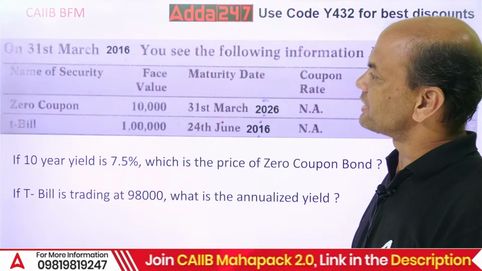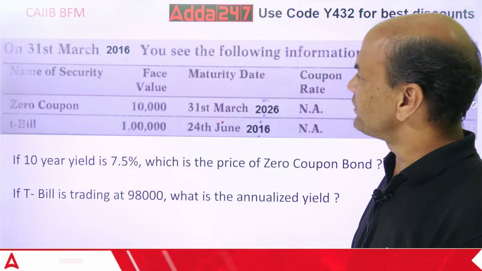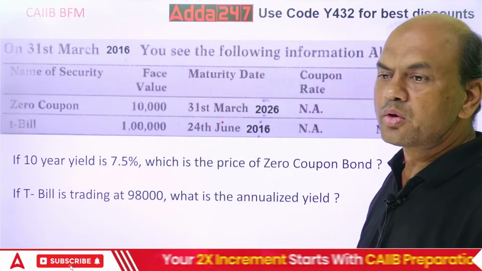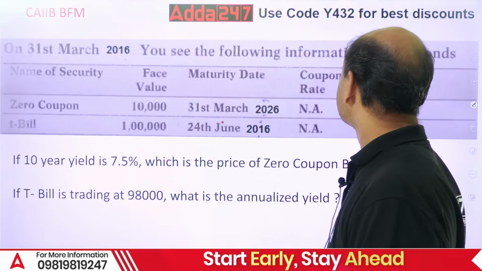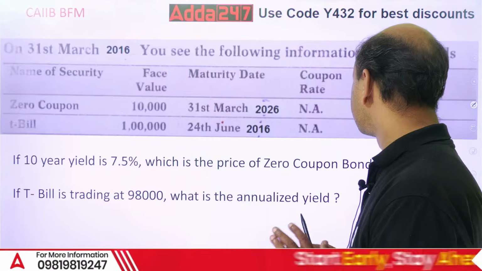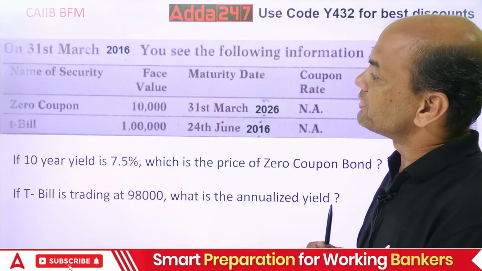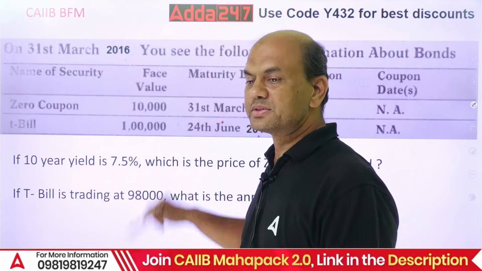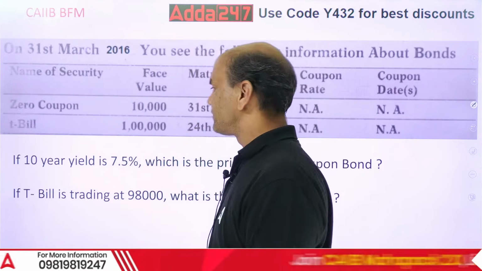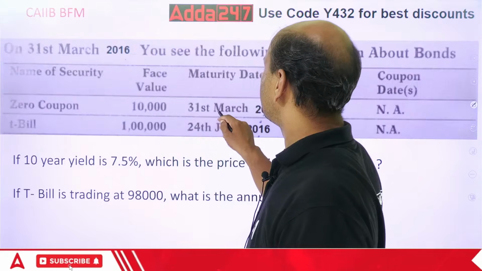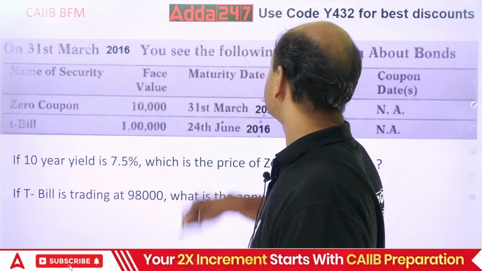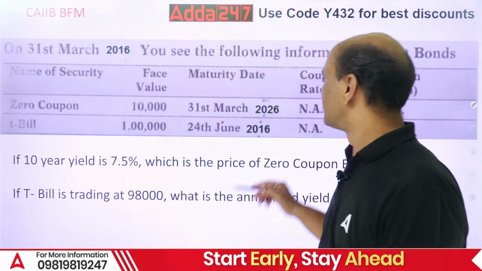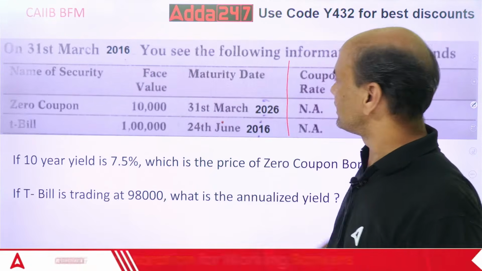Name of the security is given, face value is given, maturity date is given, coupon rate is given, coupon date is given. So the name of the security is zero coupon bond. Face value is 10,000. Maturity date is 31 March 2026. Remaining these 2 are NA. Leave them. We'll only focus on these 3.